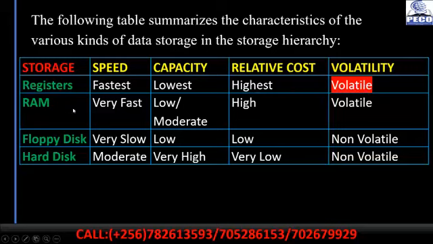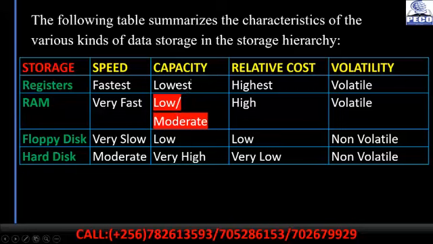RAM: speed is very fast, but the capacity is low. So you will realize that while registers' speed is the fastest, RAM is just very fast.